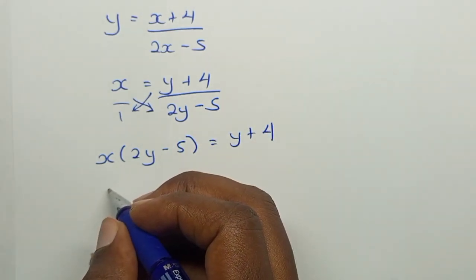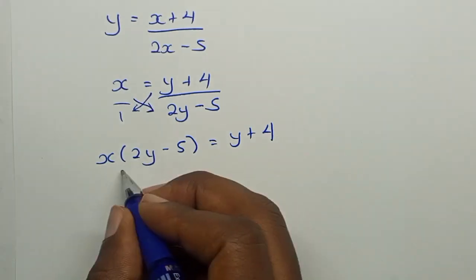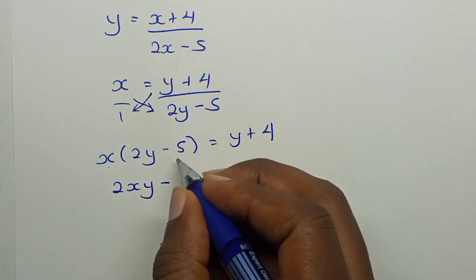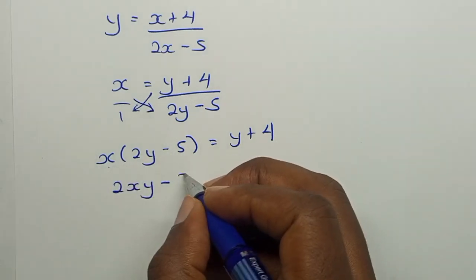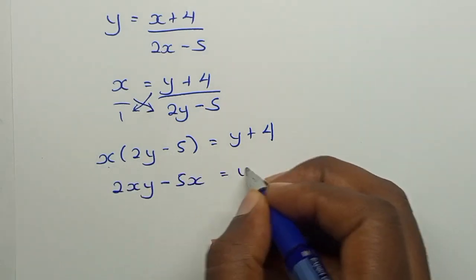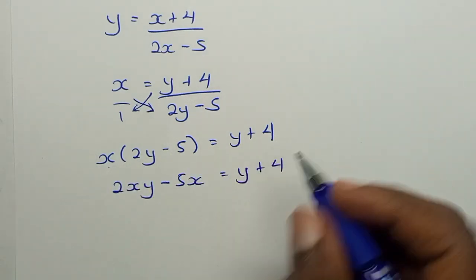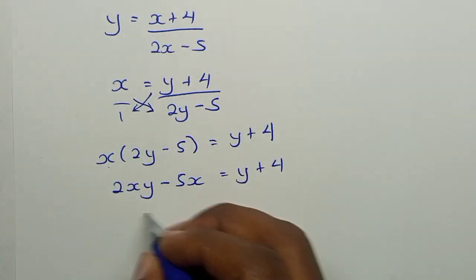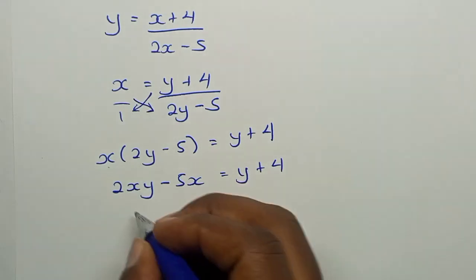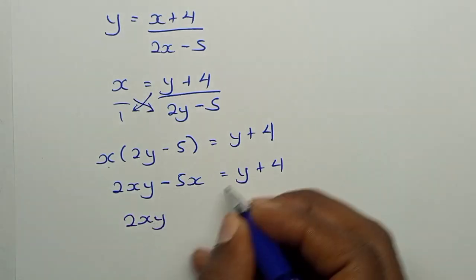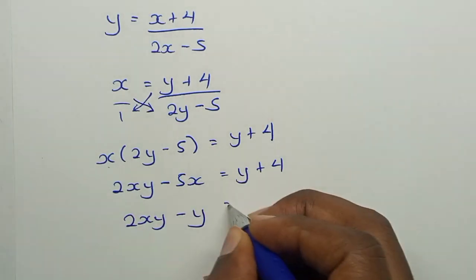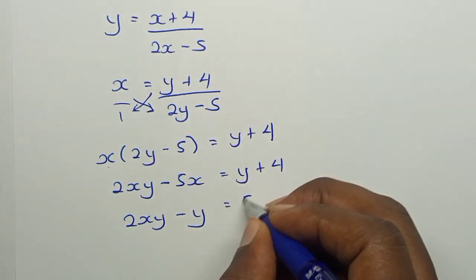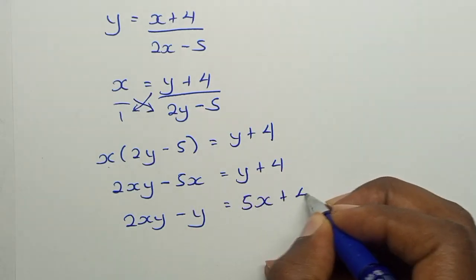So we open brackets: x times 2y becomes 2xy, minus 5 times x is 5x, equals y plus 4. So we make the y values be on one side and the x values on one side. So we shall have 2xy minus y equals, when this crosses this side, 5x plus 4.